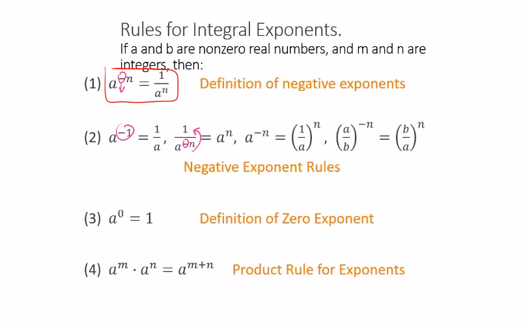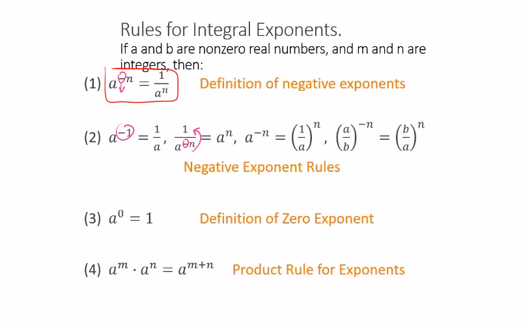And then if you have the quantity of a fraction to a negative exponent, then you can flip the fraction and change the sign of the exponent, right? So basically a negative exponent flips a fraction over or changes the position of the base.